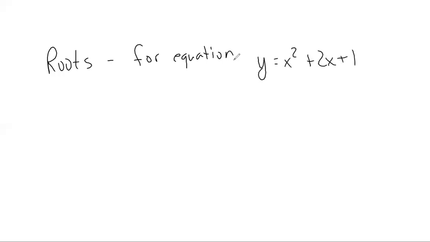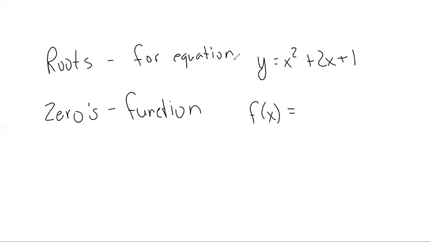It's whenever y is equal to 0. And the zeros are for a function. In other words, instead of y, it's now f of x equals x squared plus 2x plus 1. It's the same darn thing. Roots and zeros are the same thing.